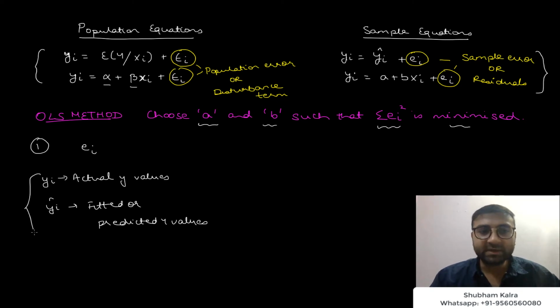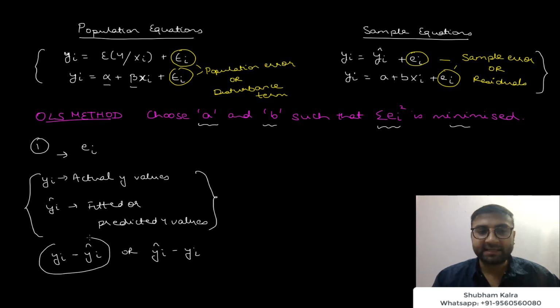Now the students do understand that this EI that we have over here is the difference between these two Y values. But sometimes they forget the direction of the difference. Sometimes they forget whether we have to do YI minus YI hat, or YI hat minus YI. The right thing is YI minus YI hat.